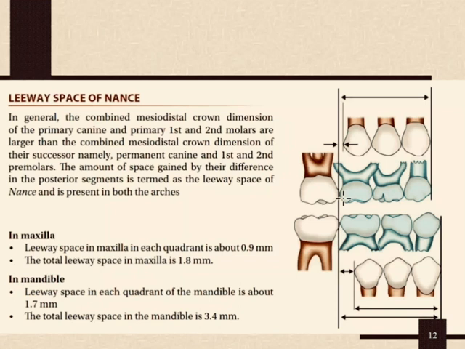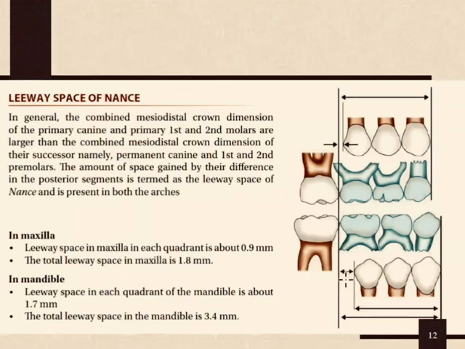So the combined mesiodistal dimension of the primary canine and primary first and second molars, if it is larger than the space for the permanent canine, permanent first premolar and permanent second premolar, the difference between this and this, we call the leeway space of Nance.